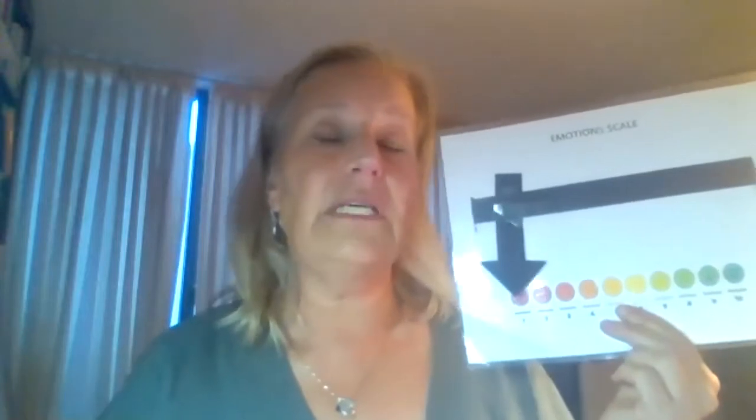Again, I think on the scale, when you notice the flow up and down, that makes it a little easier to understand that it's typical that we have all these emotions, but that there are expected emotions. We use the emotion scale to learn how to move up and down the scale. Okay.